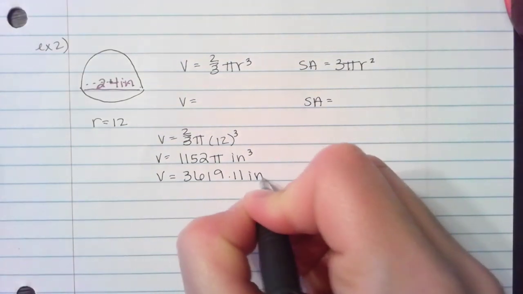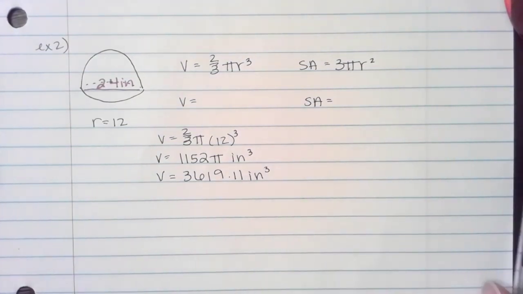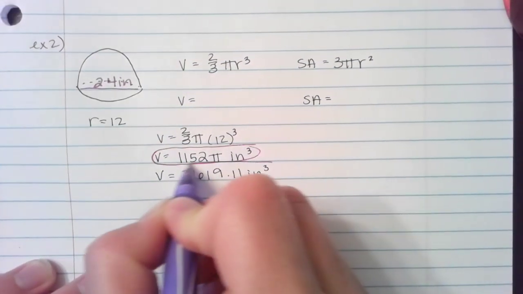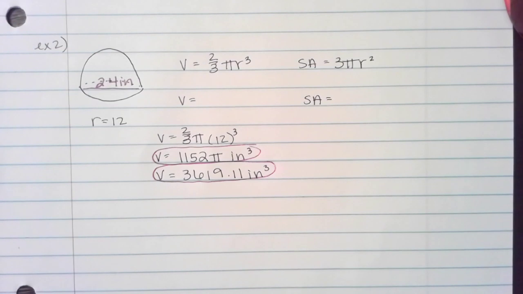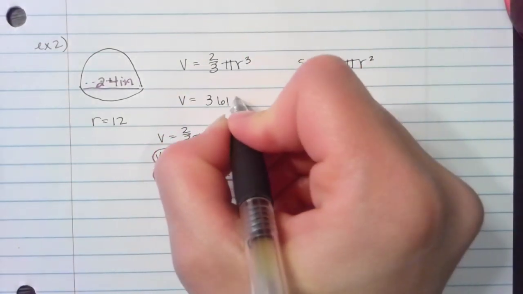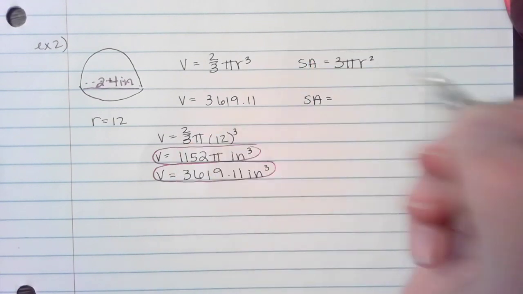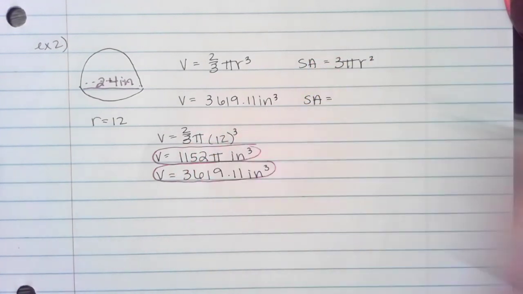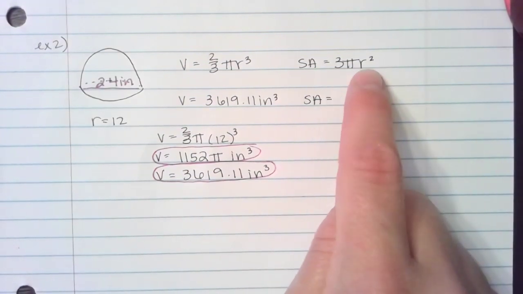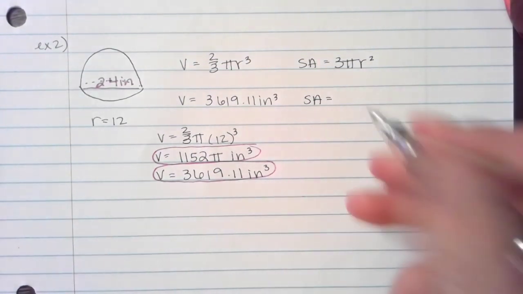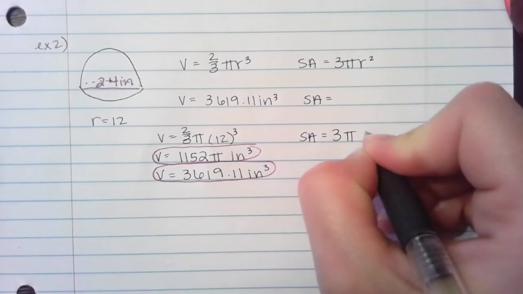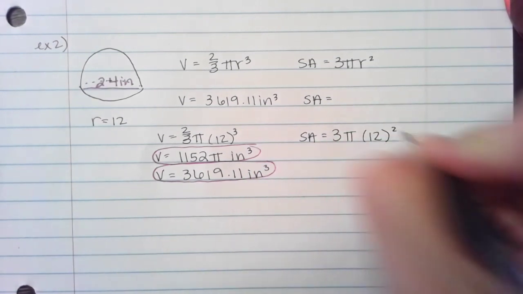So in this case we have inches cubed. We have two answers. One is exact and one is rounded. I normally ask you for rounded, so that's what I'm going to put up here: 3,619.11 inches cubed. And then the other thing we're looking for is surface area. It's given right here. Just plug in what you know. So our surface area is 3 pi 12 squared.